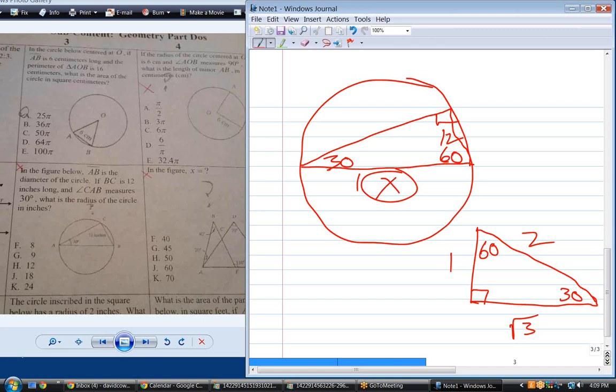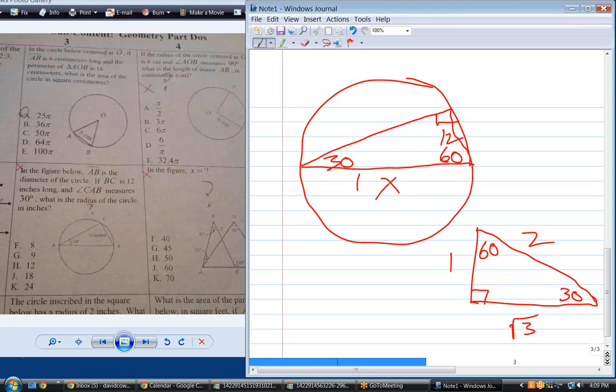So what is the similarity ratio? By that I mean how much bigger is this triangle than this triangle? And when I say how much bigger, I don't mean the area, I mean corresponding sides. So 12 to 1. Every side of this triangle has to be 12 times bigger than this triangle.